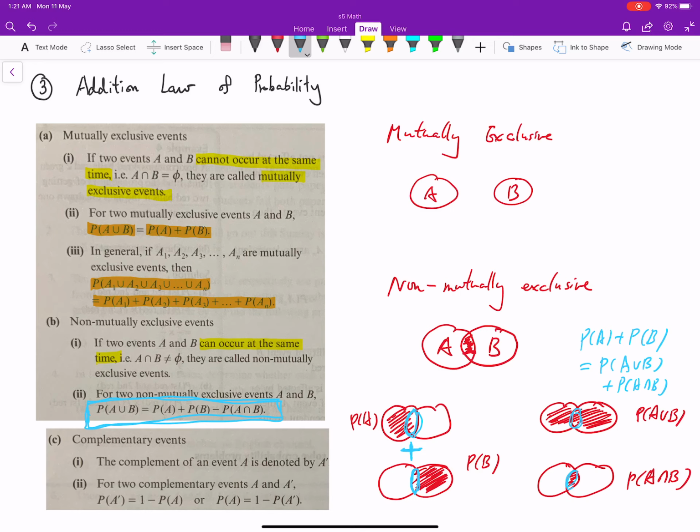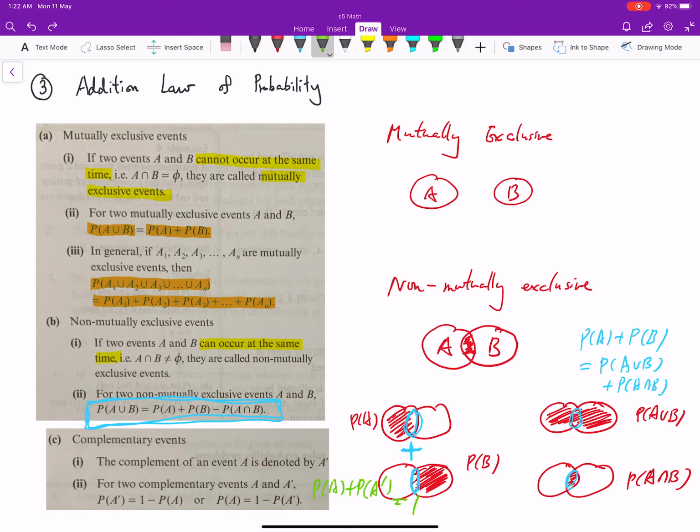And for the last one, complementary event, actually this is not difficult. The complementary event, okay, is just some notation. And then, because the complementary event is A or not A, if A does not happen, then not A will happen, right? So P(A) plus P(A') must be 1, right?